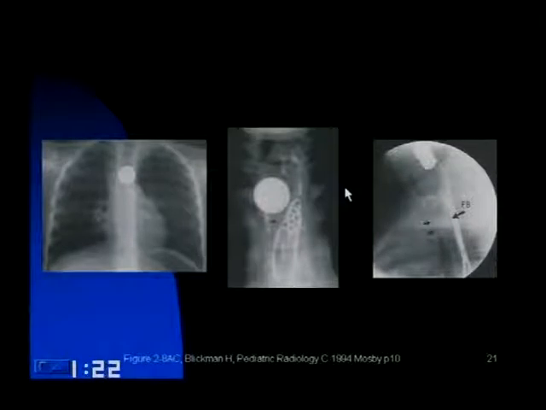Make sure that if you identify what you think, as in this case are pennies, or in other cases batteries, they're removed because, as I said, they're caustic. They can erode and corrode themselves. And if you see what appears to be a penny, a nickel, whatever, a coin in the frontal view, that's going to be in the esophagus.